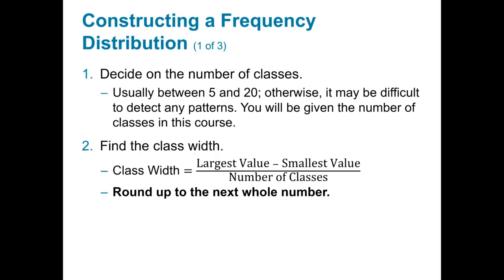To figure that out, find your biggest data value and your smallest data value, subtract those two numbers, and then divide by however many classes you want. Now, this is going to be one of 2 times in this class you're going to hear me say, ignore standard rounding rules. If you get any decimal point here, I don't care what that decimal is, round up to the next whole number. So always, always, always round up for your class width.